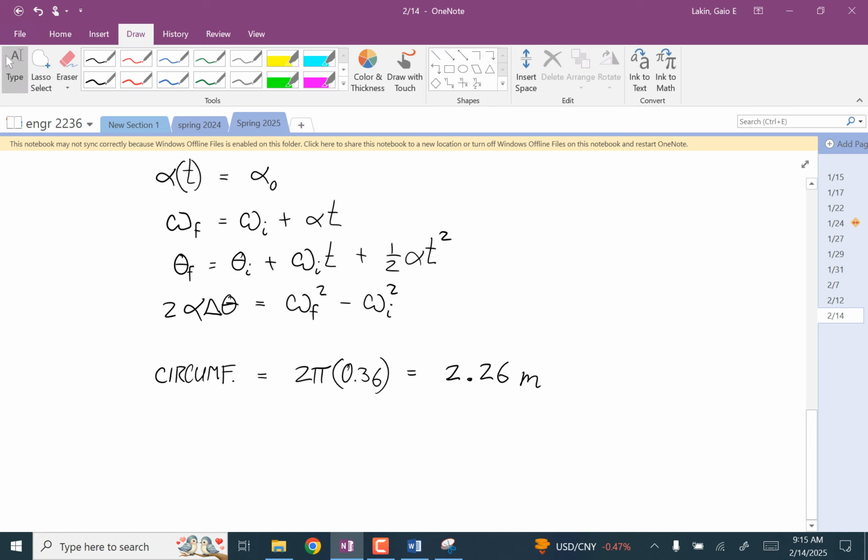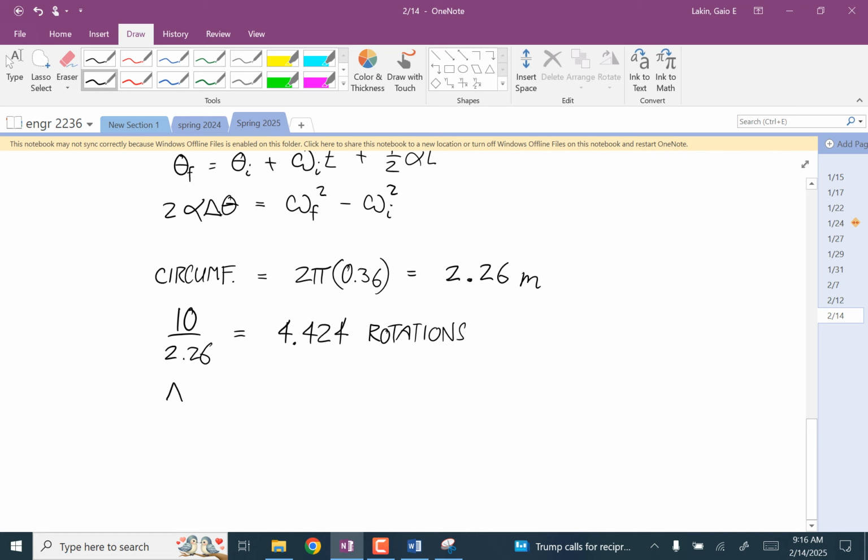So you can go 10 divided by 2.26 gives you, can you divide that one out? I'll do the first number, you give me the rest of the numbers. Okay, 4.424. And that's rotations, full revolutions.